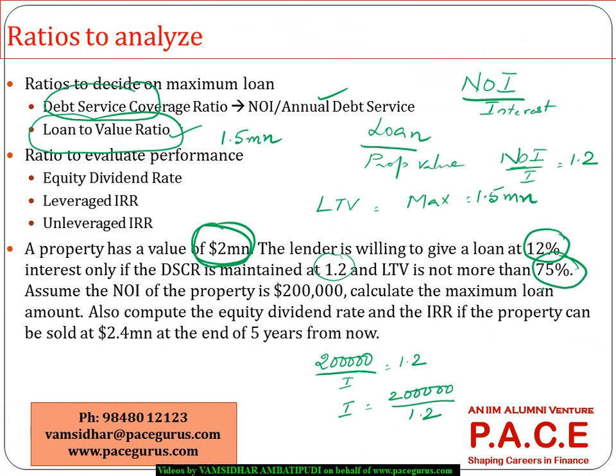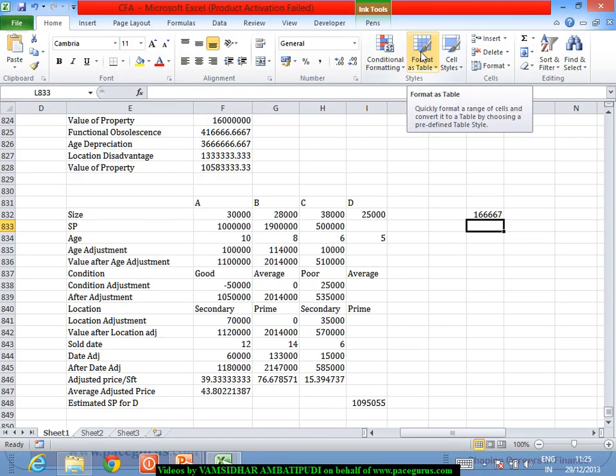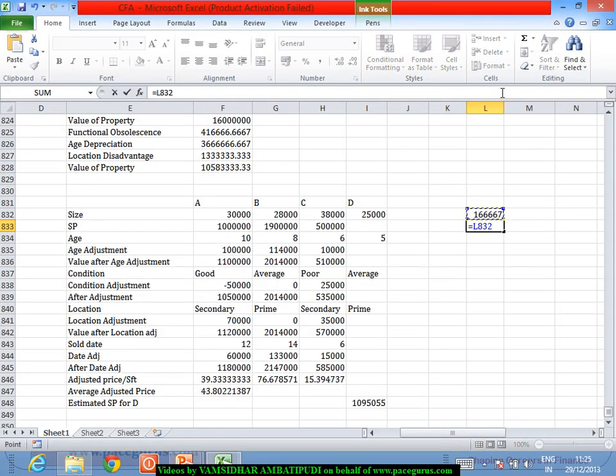The interest is 12% of the loan. So loan value times 12% should equal 166,667, so the loan value is the interest amount divided by the interest percentage. This comes out to 1.38 or 1.39 million.